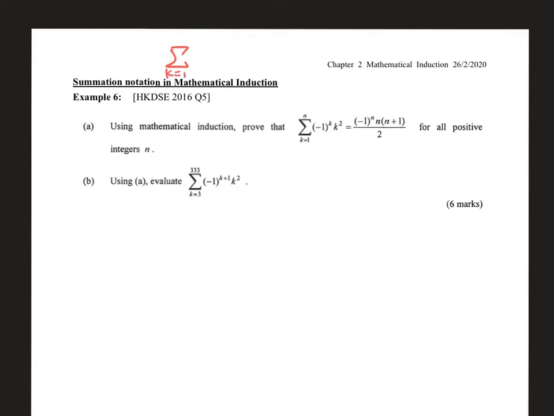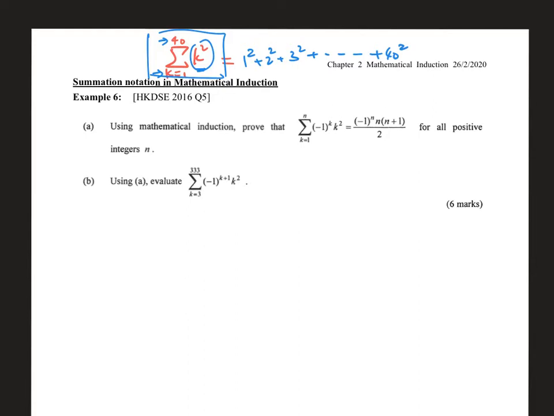For example, if we talk about k is 1 to 40 for k square, the k square means the formula, and starting from k is 1, that means starting from 1 square, you want to add up everything until 40 square. So as a result, according to the formula k square, I'm adding up 1 square, 2 square, 3 square, until 40 square. This is the meaning of the abbreviation of the use of the summation sign.